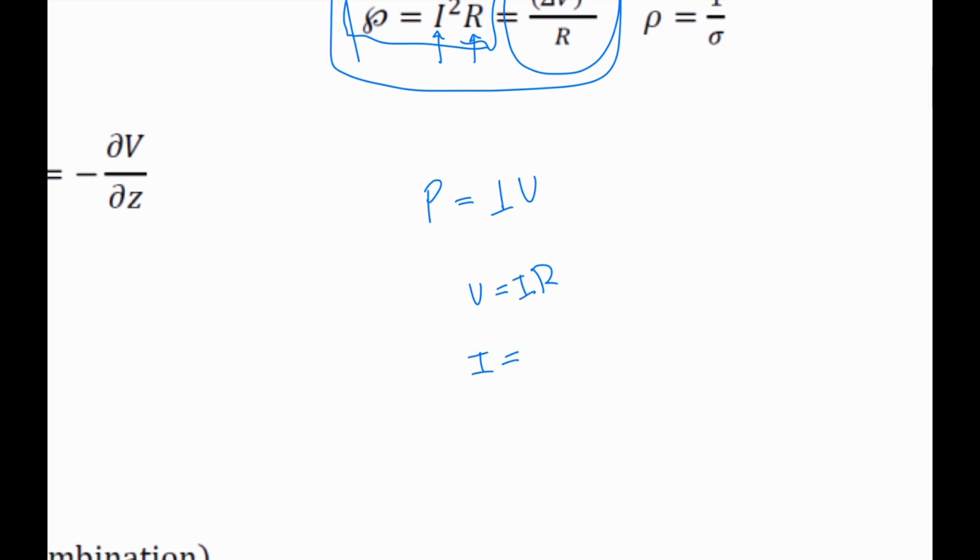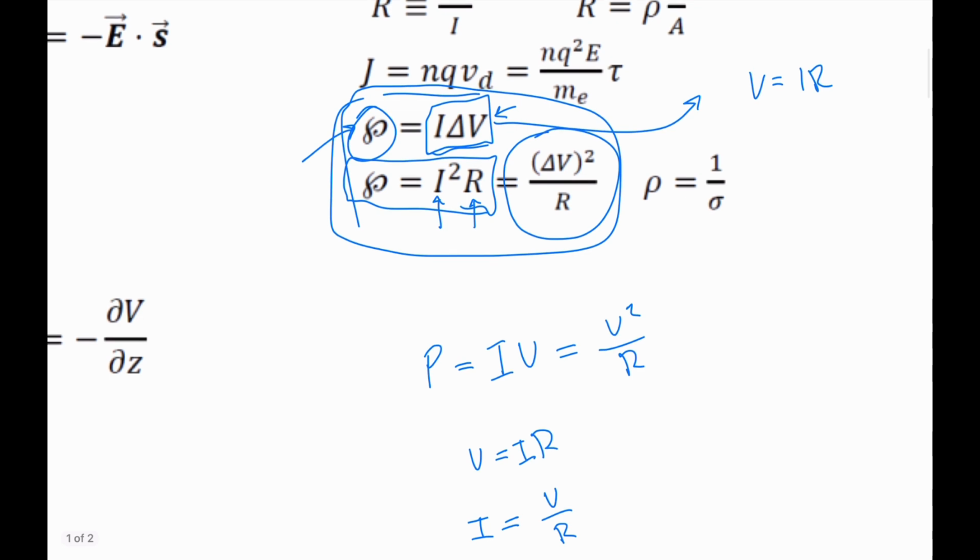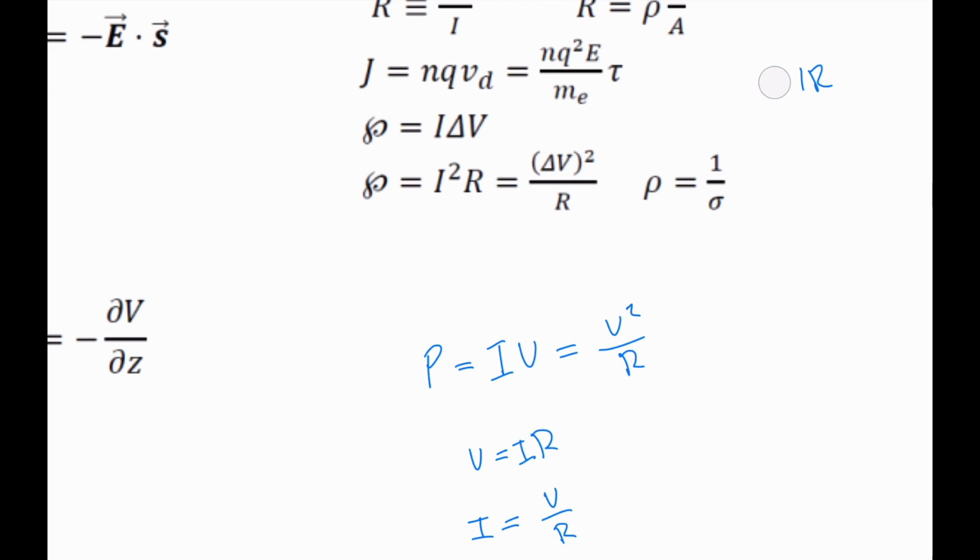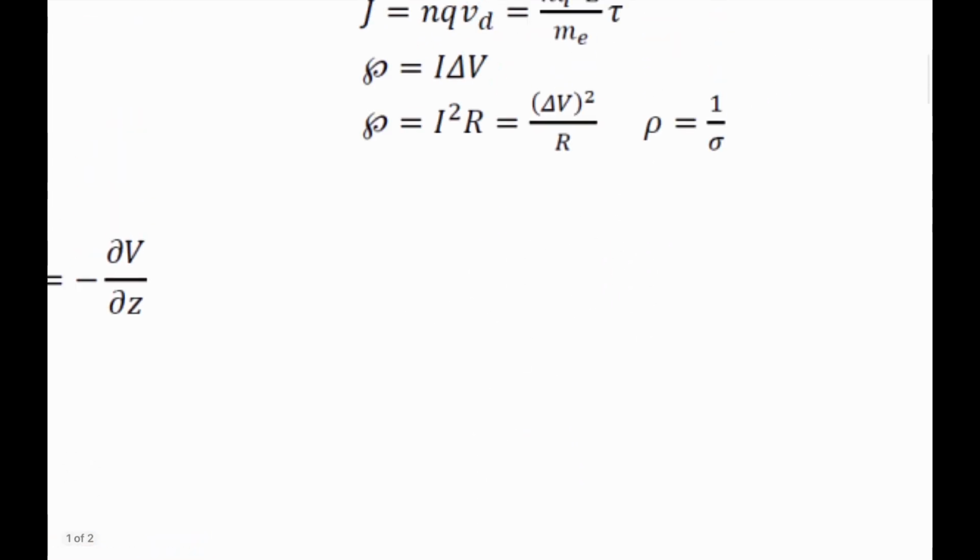You get I equals V over R, and you can replace I into here, which should give you V squared over R. So three different ways of calculating power output, depending on what you have. And again, it's kind of like trigonometry. If you have two sides of a triangle, you can always calculate the third.